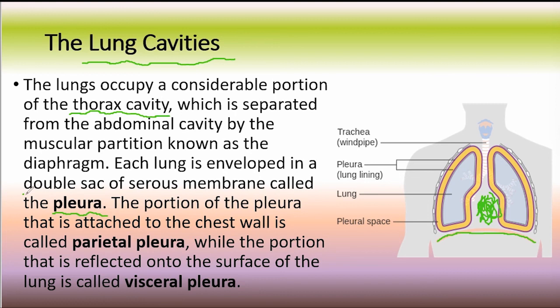There are still two layers there. One layer directly touches the surface of the lung, and another touches the inside of the chest wall. There is a pretty small space between them. The layer touching the lung we call visceral pleura. The layer touching the chest wall we call parietal pleura.